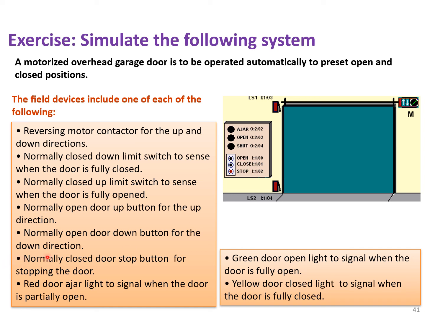We have normally closed. Okay, so this is the difference. The two other ones are normally open. We have a normally closed door push button for stopping the door. So at any point, if we press the stop, it will stop the motor from running and the door will stay half open at any position.